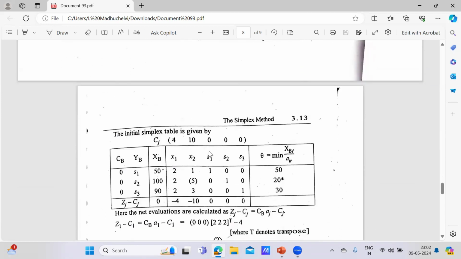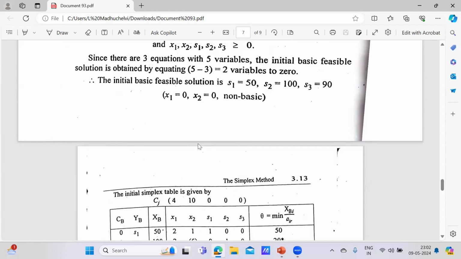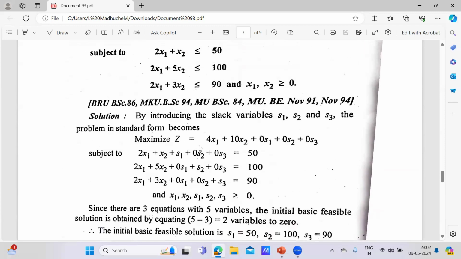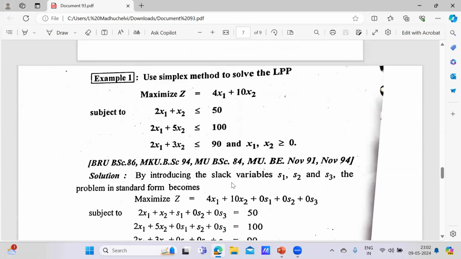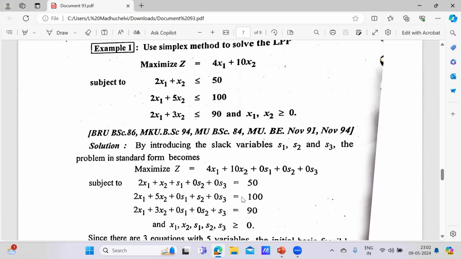Now let us form the initial simplex table. As in step 4 in the algorithm, we are going to construct a table. First, Cj. Cj denotes the coefficients of the variables in the objective function, here 4, 10, 0, 0, 0.